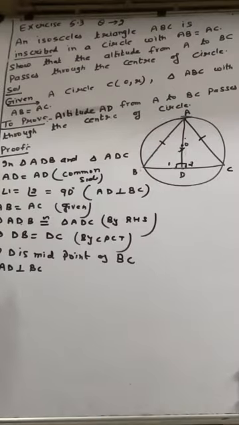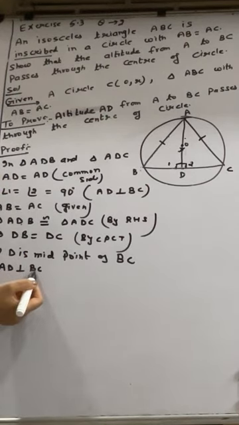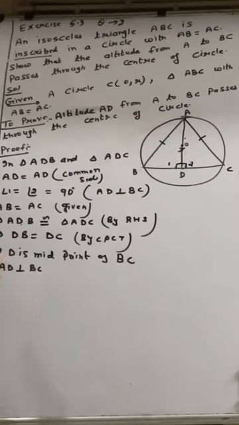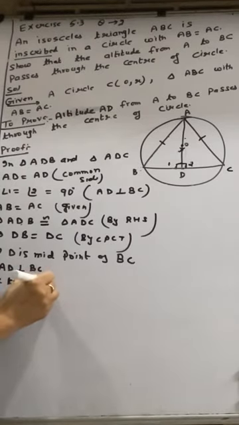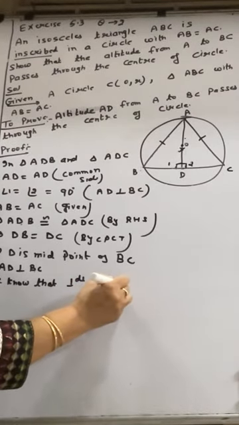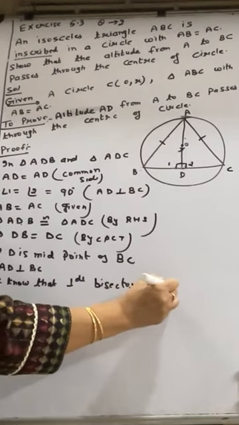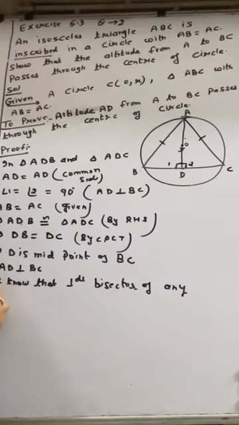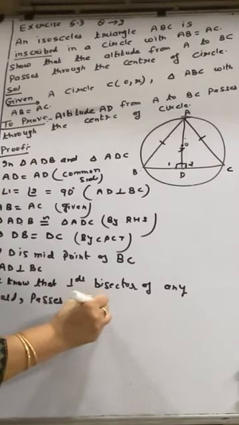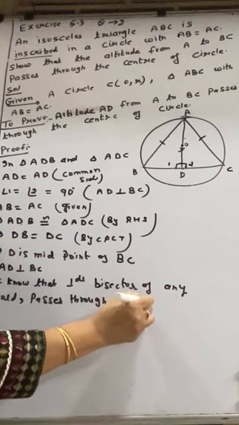Now we have done one theorem that when the perpendicular on the chord is bisecting the chord, then that perpendicular always passes through the center. So we know that the perpendicular bisector of any chord passes through the center.